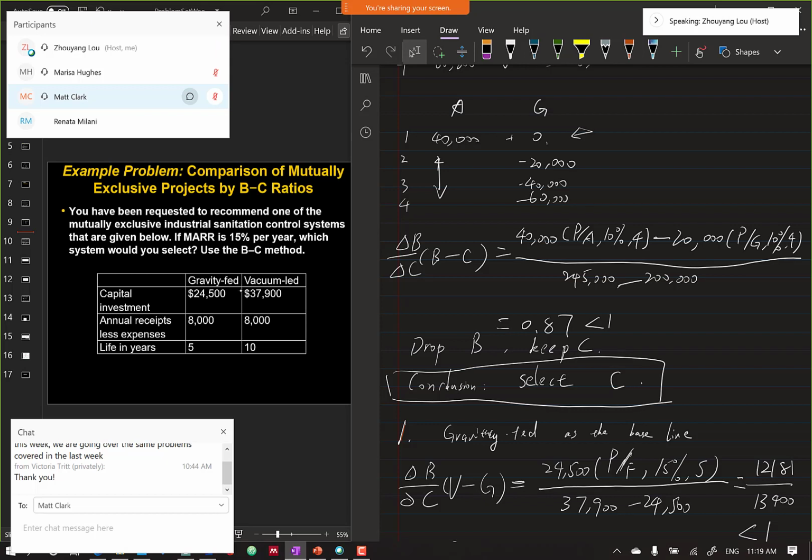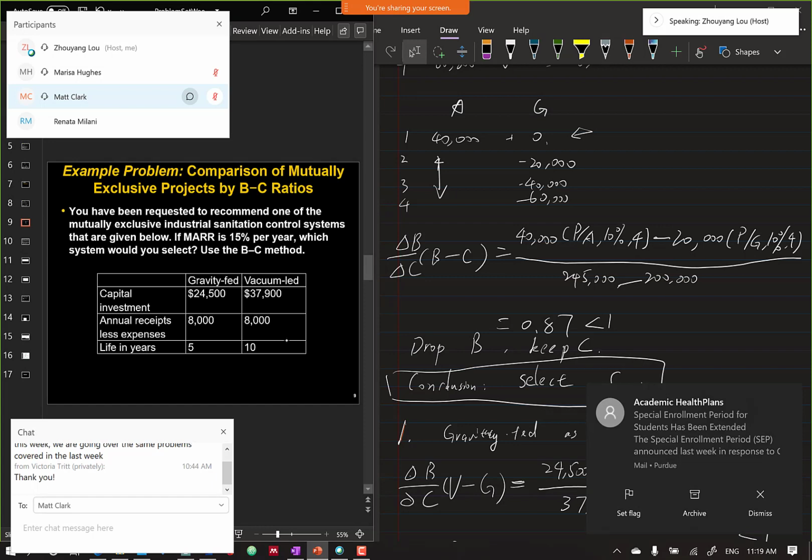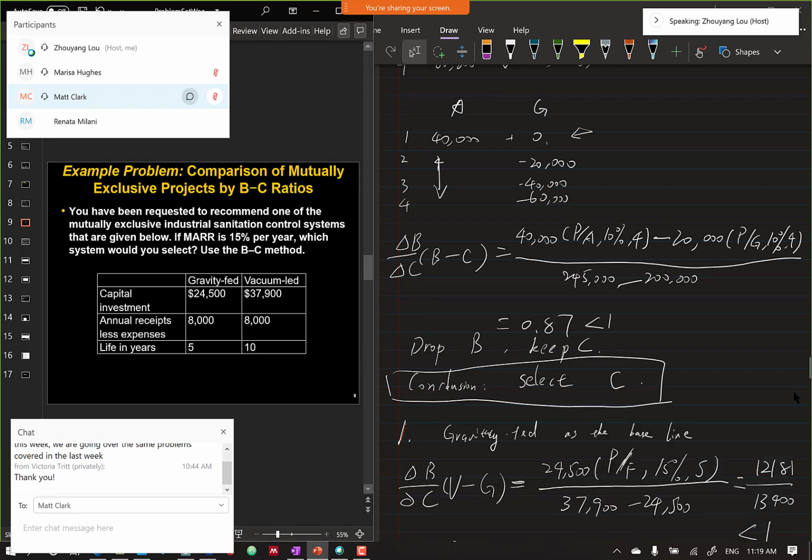It's just a very natural way to feel: if you have to invest this twice, but you only invest in project V once, you can treat it as if I don't invest that again, I save that much money. So that can be treated as extra benefit if I'm using the vacuum project to compare with a gravity project.